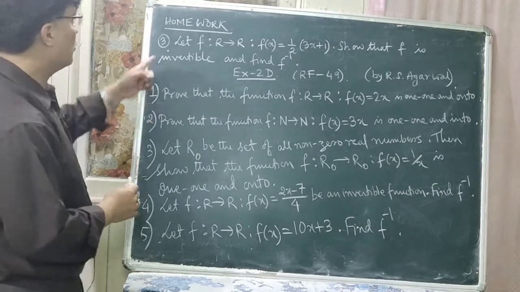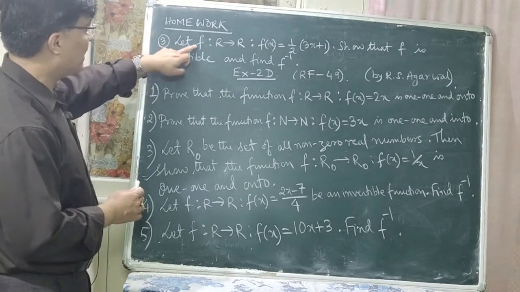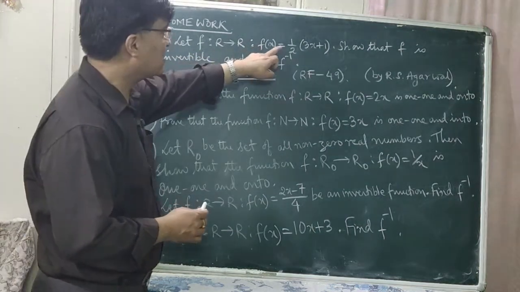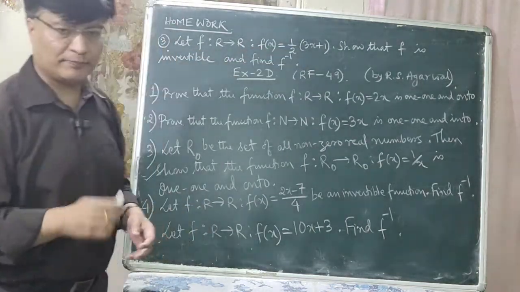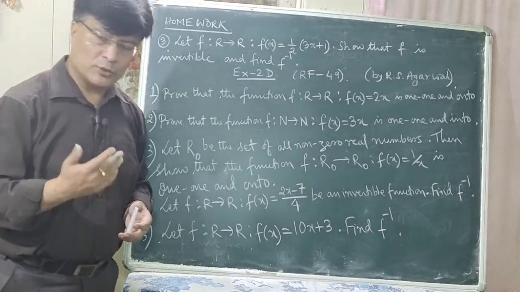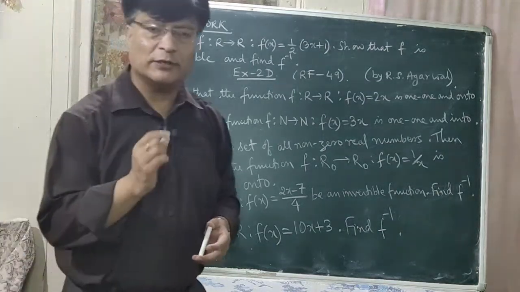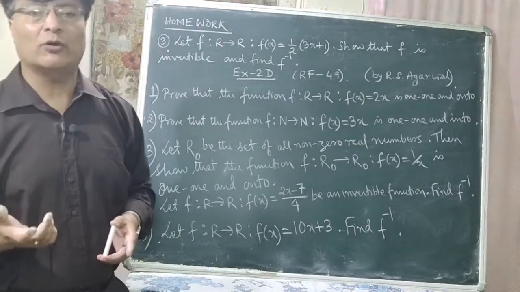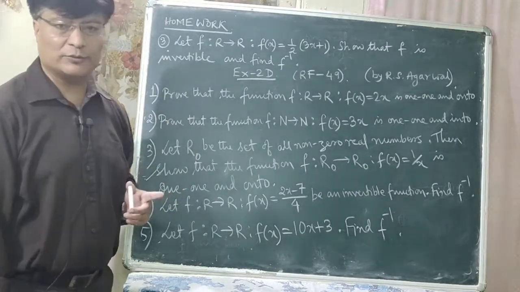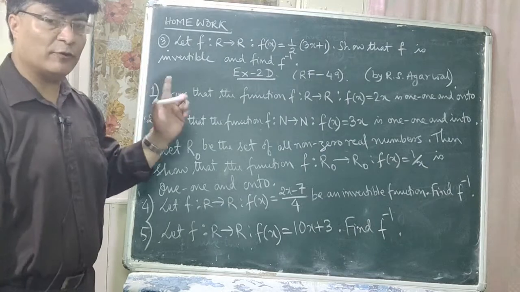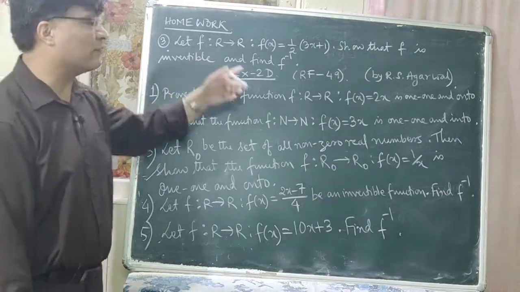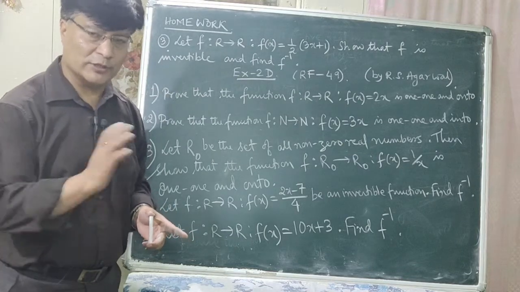Let f from real to real numbers be defined by f of x is equal to half within bracket 3x plus 1. You have to show that f is invertible. To show that f is invertible, you have to prove that the function f is 1-1 onto. If you can prove that f is 1-1 onto, then you can write that f is invertible, and hence you can find f inverse also. So this is your homework.